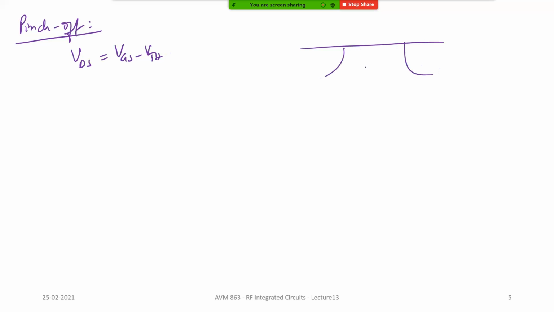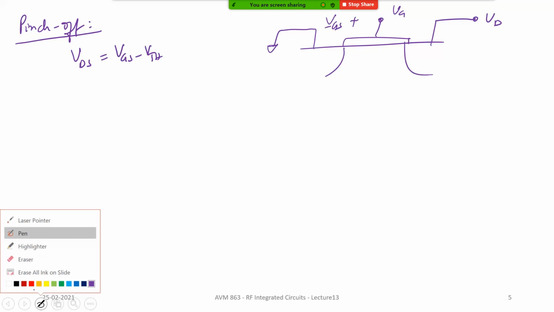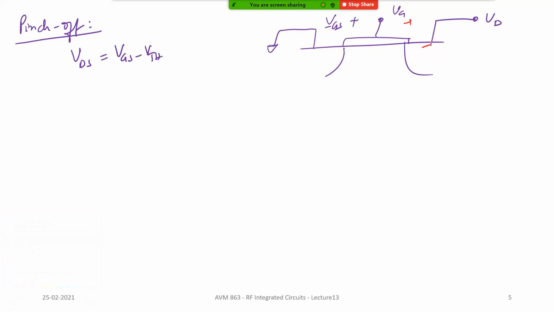So pinch off basically occurs where VDS is equal to VGS minus VTH. It's very simple to understand. Now what happens is, this is your gate voltage. Let's say the source is grounded. You have VGS like this. Now you have VD. For very small values of VD, VGD is almost equal to VGS, right?